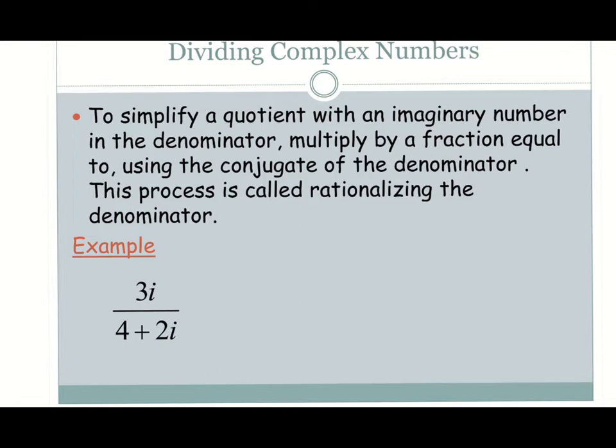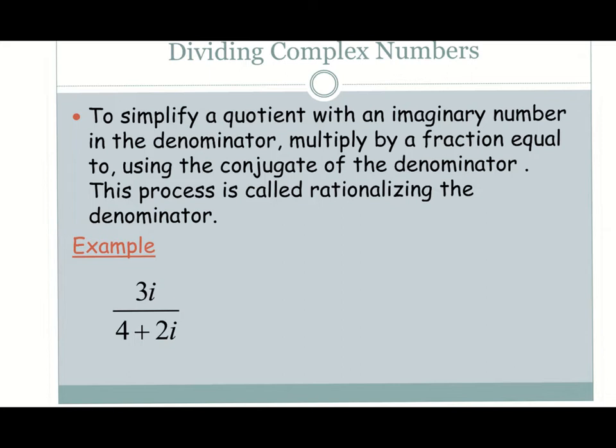So now formally getting into dividing complex numbers. To simplify a quotient with an imaginary number in the denominator, we must multiply by a fraction equal to 1 using the conjugate of the denominator. The process is called rationalizing the denominator. So we're getting rid of that imaginary unit. So here's an example.